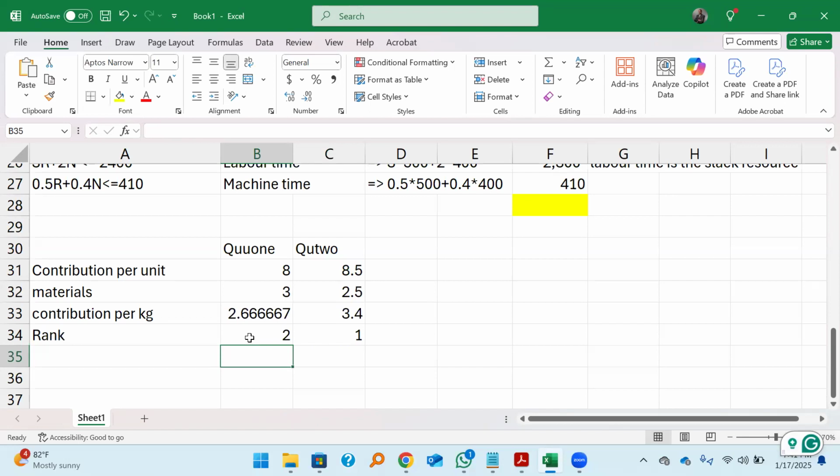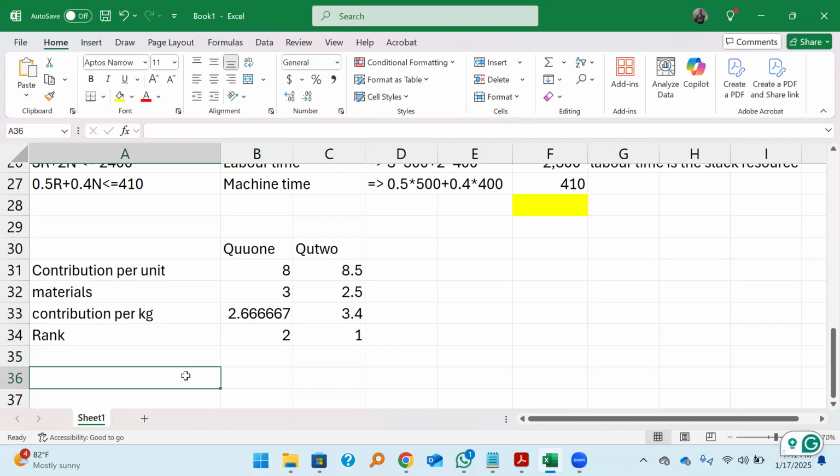Now, because Q2 is number 1, if you were to spend an extra amount of dollar to get more material, it would make sense that you get the material to make more Q2, right?